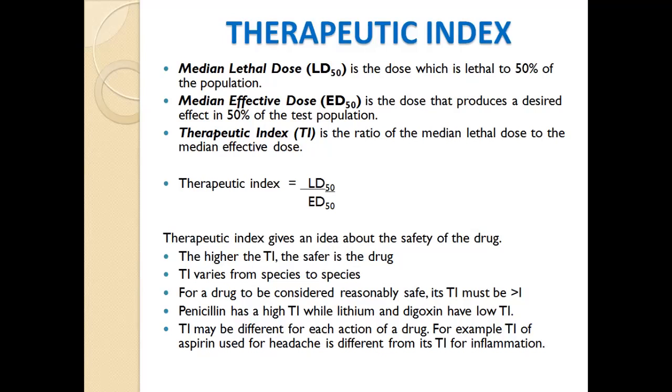Penicillin has a high therapeutic index while lithium and digoxin have a low therapeutic index. Therapeutic index may be different for each action of a drug. For example, therapeutic index of aspirin used for headache is different from its therapeutic index for inflammation.